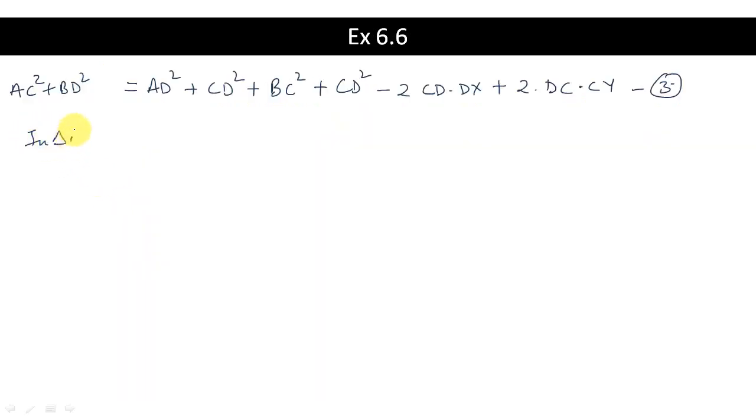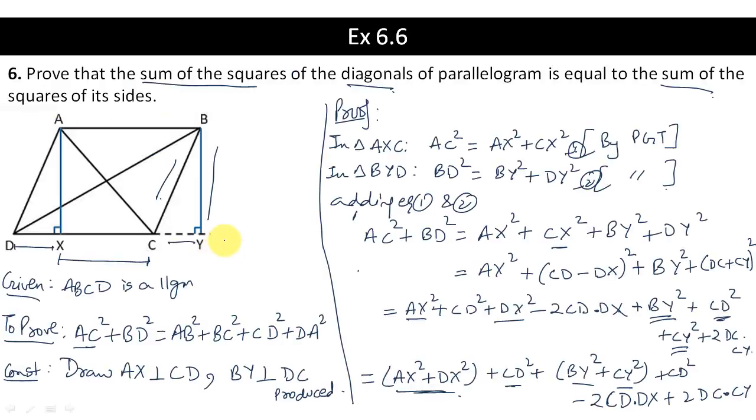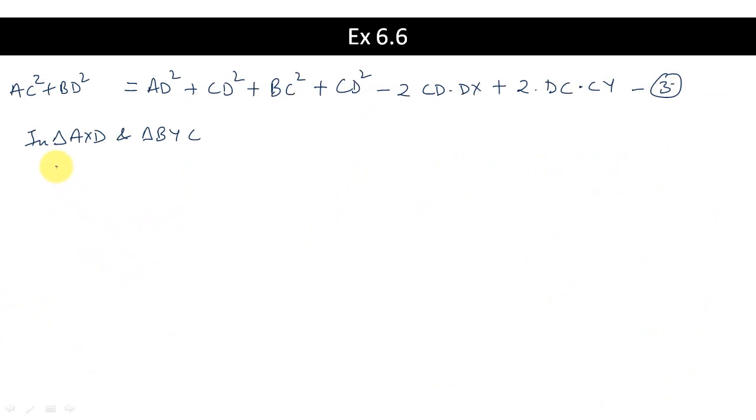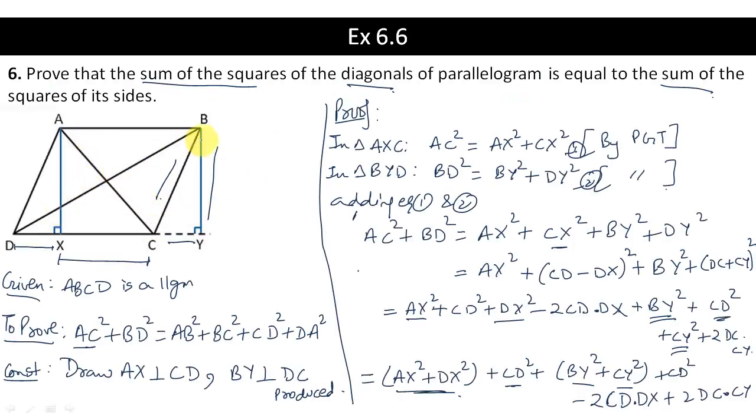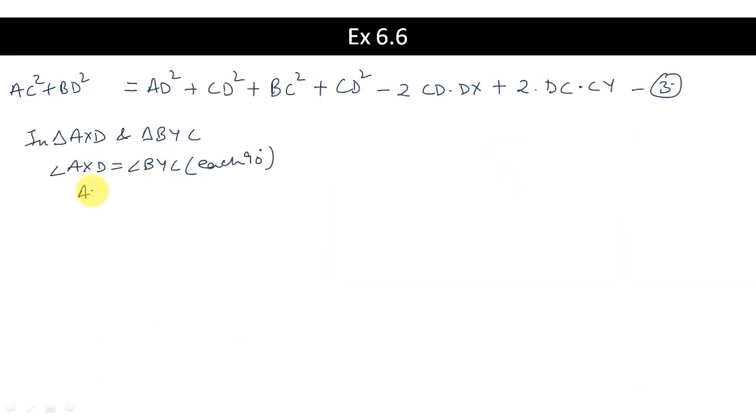In triangle AXD and triangle BYC, actually both the triangles are congruent. We have angle AXD equal to angle BYC, each 90 degrees. AD is equal to BC, opposite sides of a parallelogram.